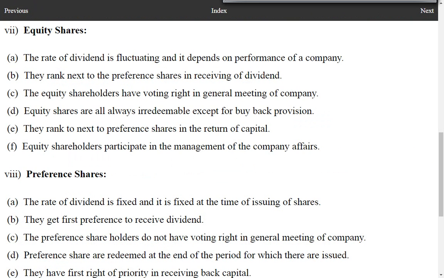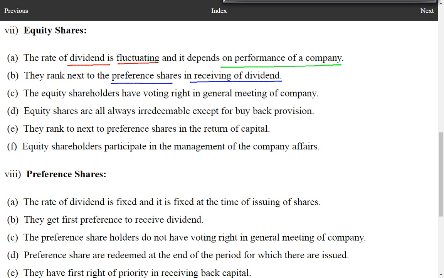In equity shares, the rate of dividend is fluctuating and it depends on performance of a company. Next, they rank next to the preference shares in receiving of dividend.